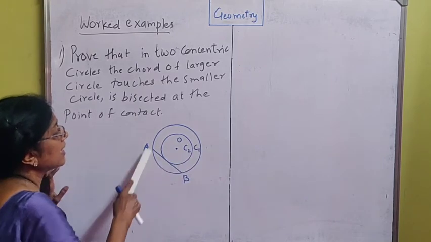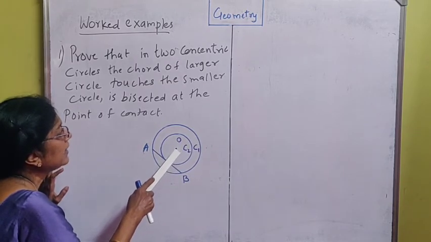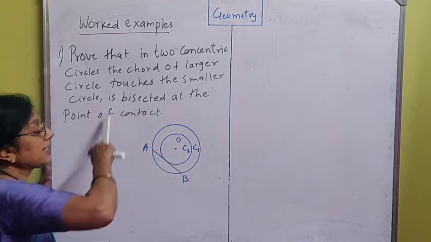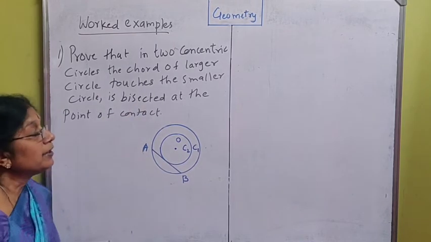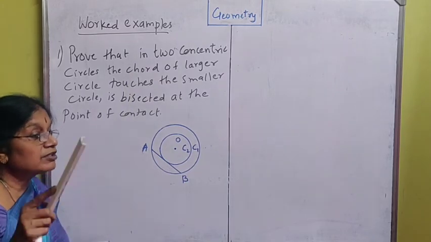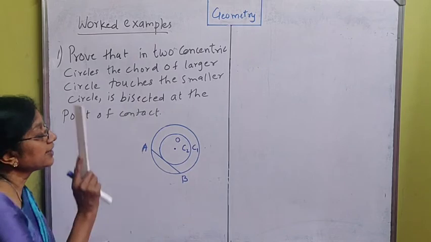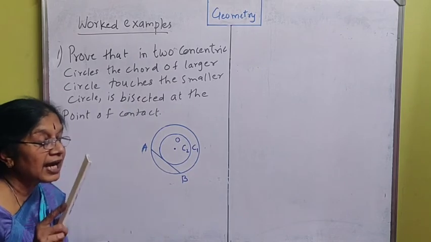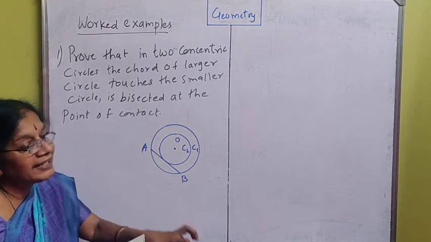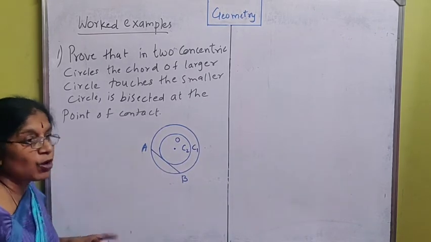C1 is the larger circle, C2 is the smaller circle, and they have the same center O. Before I started theorem 4.2, I explained to you the meaning of congruent circles and concentric circles. What are concentric circles? Two circles having the same center, and the radii are different, and they are one inside the other.